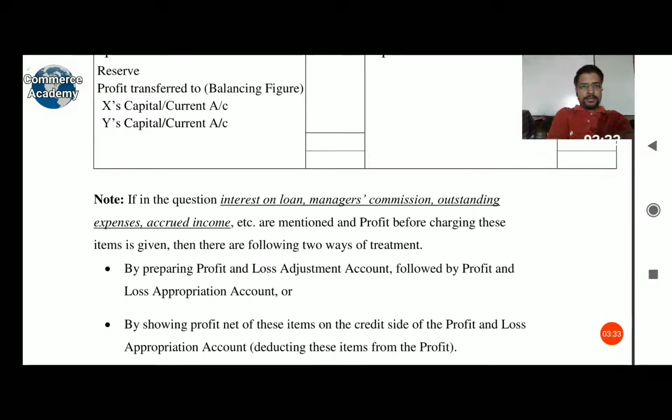And by showing the profit net of these items on the credit side of the profit and loss appropriation account and deducting. या तो सीधा हम इसको प्रॉफिट एंड लॉस एप्रोप्रिएशन अकाउंट में दिखला दें, या फिर इसको नेट प्रॉफिट से घटाकर हम इसको डायरेक्टली जो है प्रॉफिट को हम लोग नेट बना लें और उसके बाद उसको हम प्रॉफिट एंड लॉस एप्रोप्रिएशन अकाउंट में दिखला सकते हैं. दोनों तरीके से इसका हम लोग ट्रीटमेंट कर सकते हैं.